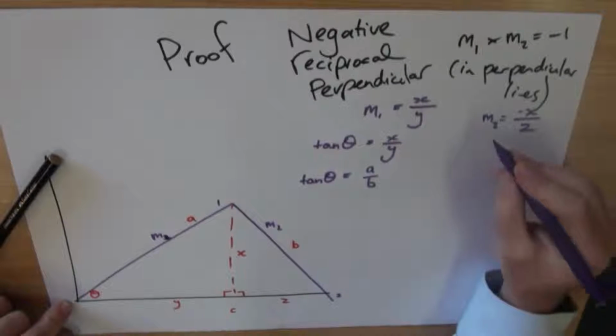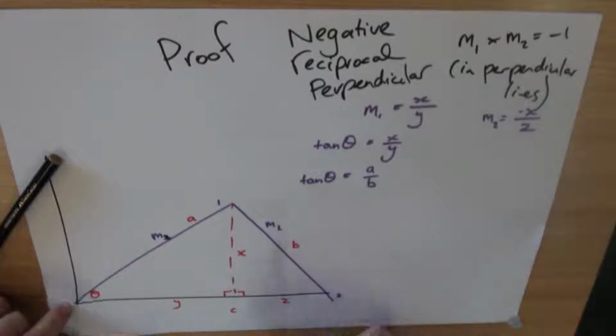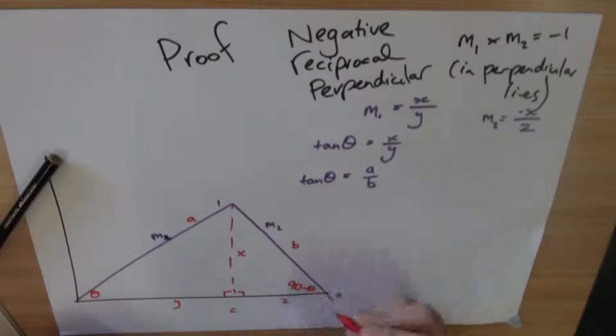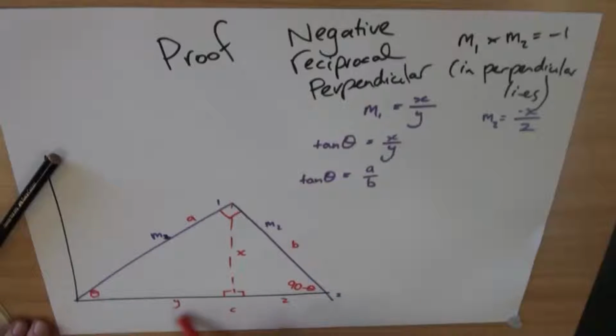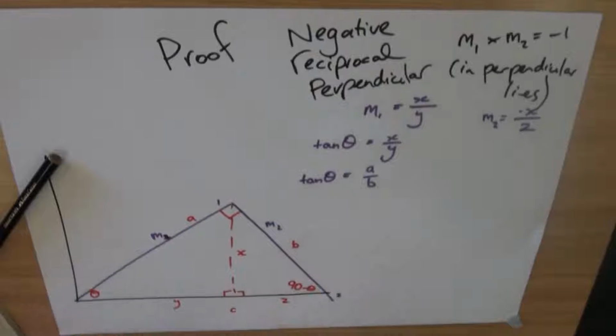Over here, m2 is... we also know that this here is going to be 90 minus theta. If that's 90, the angle sum of the triangle is 180, so this is going to be 90 minus theta.